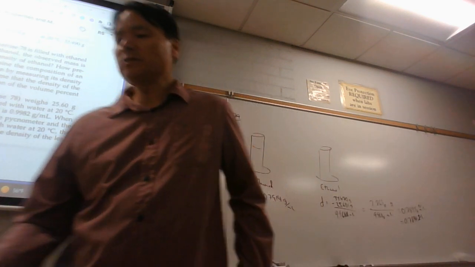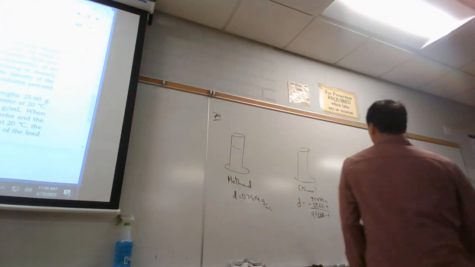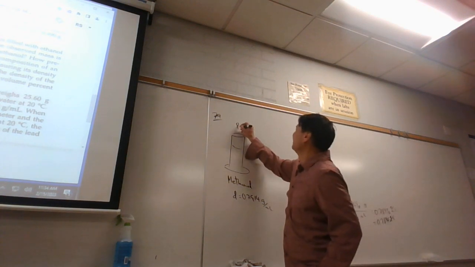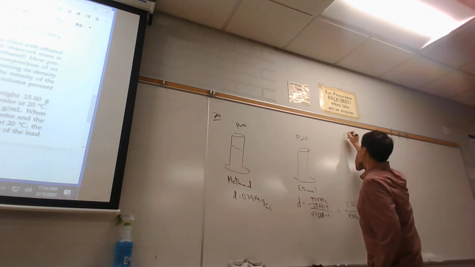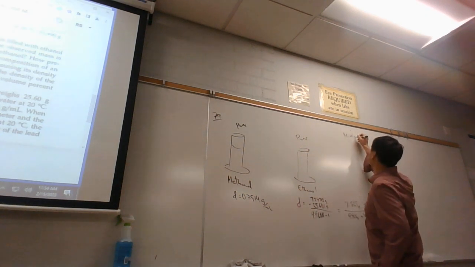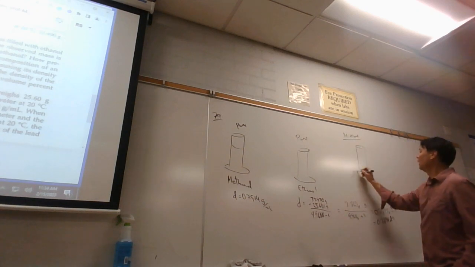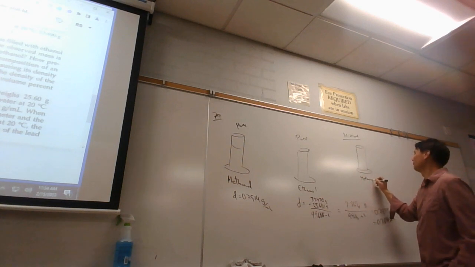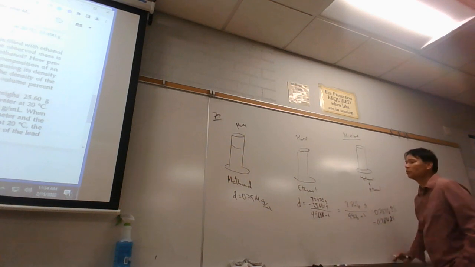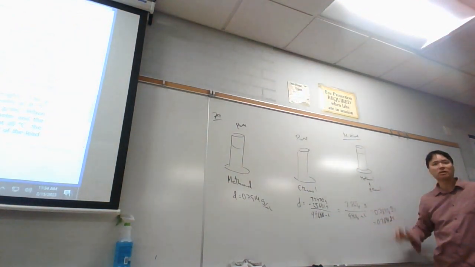All right, so this is what we're doing. This is pure methanol. This is pure ethanol. But what if we have a mixture of methanol and ethanol? And so the question is this: can we tell the composition of the mixture based on its density?